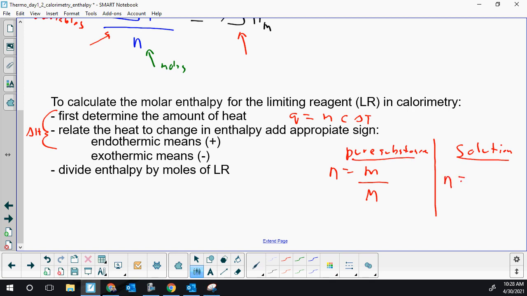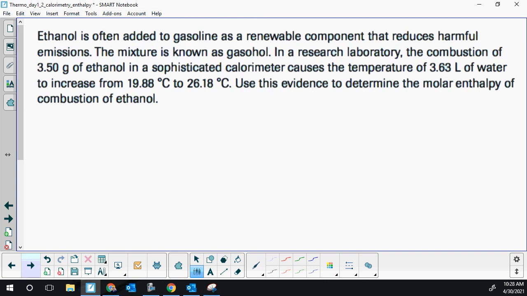You get moles is equal to concentration times volume. You're not going to see gas calculations like you did in Chemistry 20 to solve for moles. So let's solve for molar enthalpy in the following reaction.